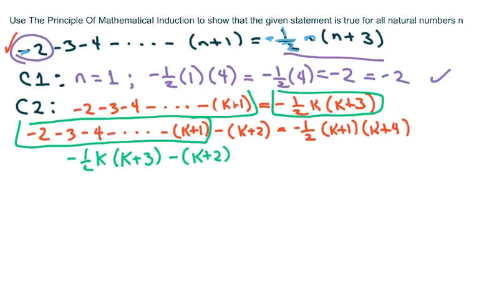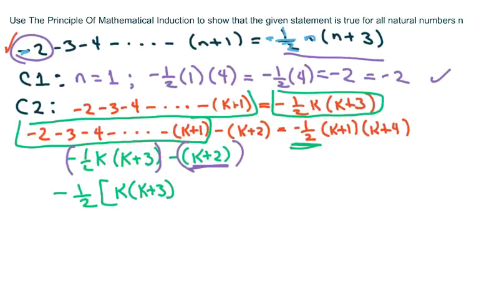Okay? The first thing I'm going to do is pull out a negative 1/2. So I want it to look like that. When I pull out a negative 1/2, I'm going to get k times k plus 3, and I'm going to multiply this part by 2 so it can join in the group here, because this is one piece and this is another piece.